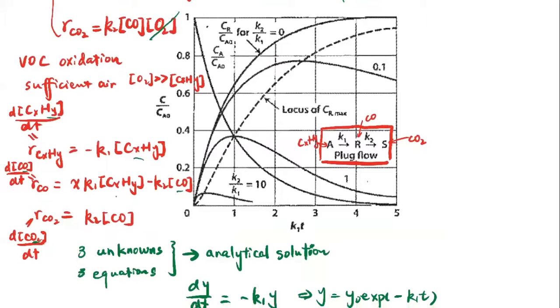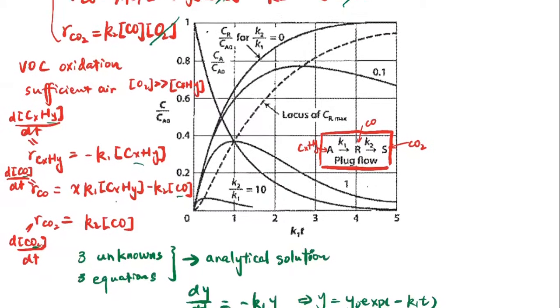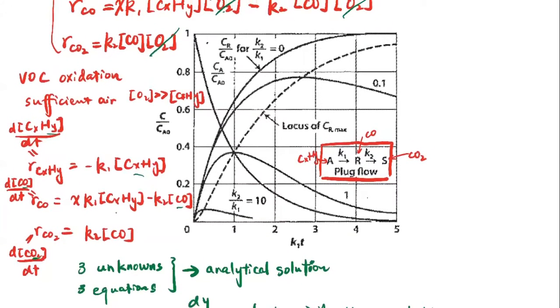The first reaction has a rate constant of K1, and the second reaction has a rate constant of K2. So how do the concentrations of A, R, and S change as a function of time? The graph plots the concentrations of all of these species.